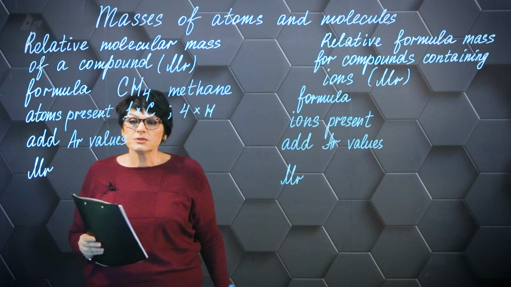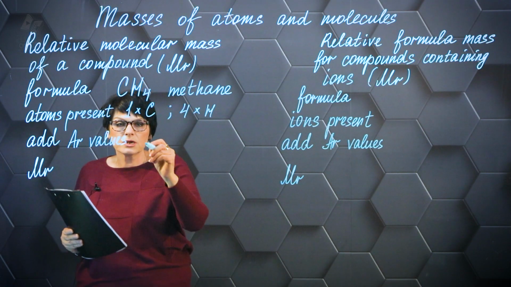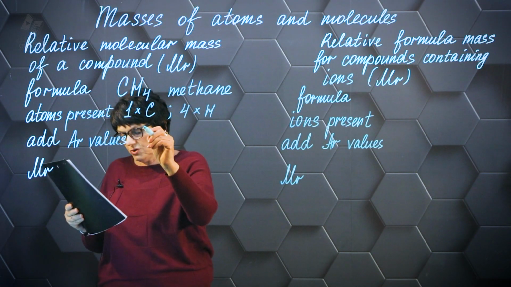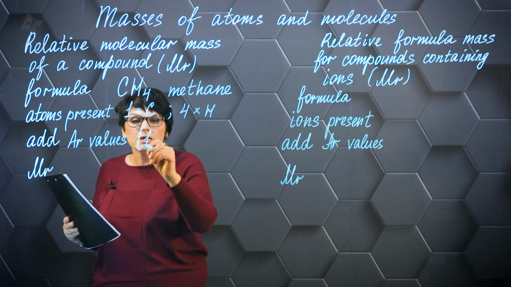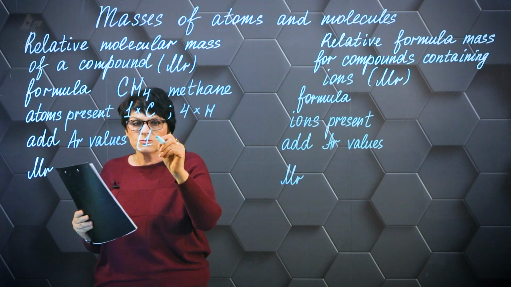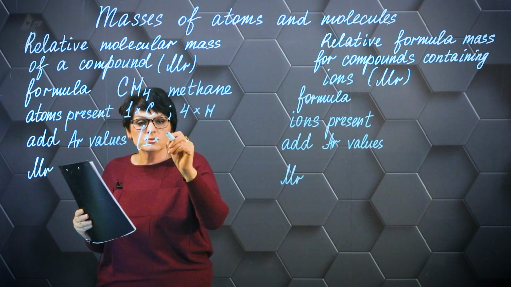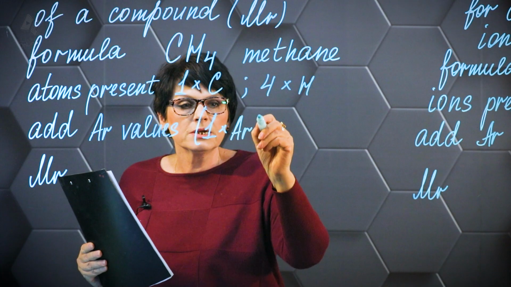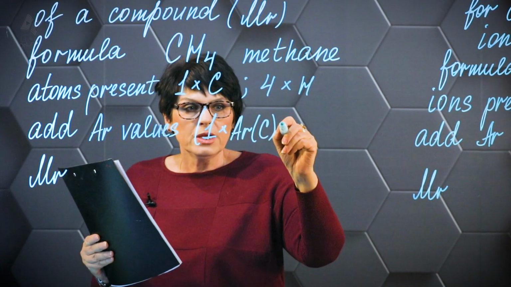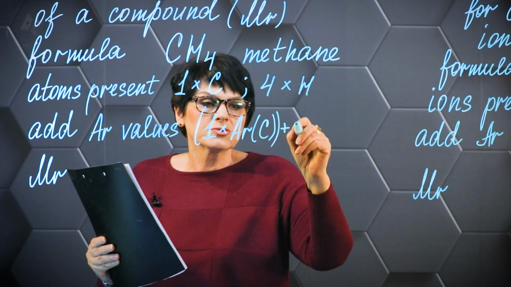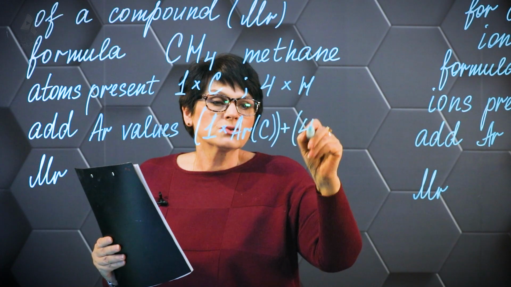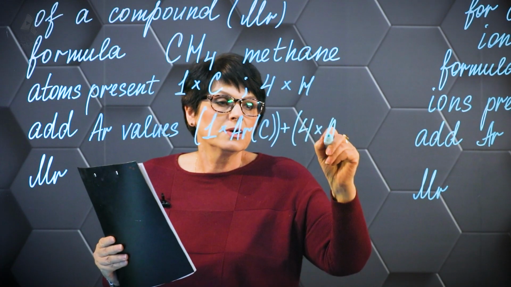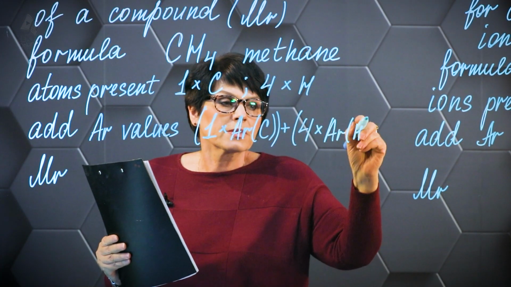Now let's work out the masses of each element. We take 1 carbon atom, its number multiplied by the Ar of the element carbon, and then add to that value the mass of 4 atoms of hydrogen.